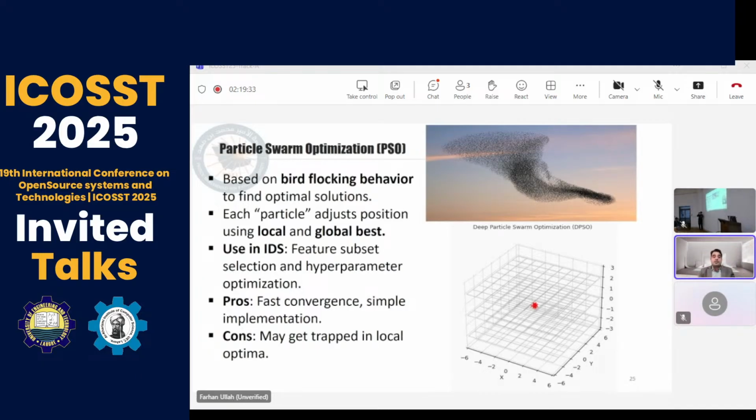They have fast convergence and simple implementation, but sometimes a local optimum may trap the best features. Maybe one bird or one feature can compromise the whole optimization path. So this is the con of this method.